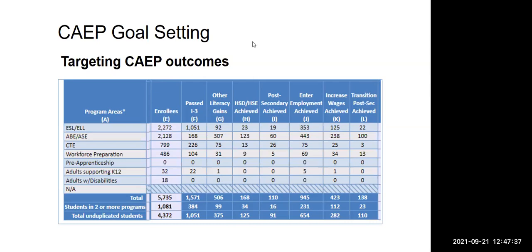So you could aggregate the number here, looking at columns F through L, aggregating that total number of outcomes and comparing that to the number of enrollees, and say, okay, your average enrollee made more than one outcome or less. We can look at it that way as well.